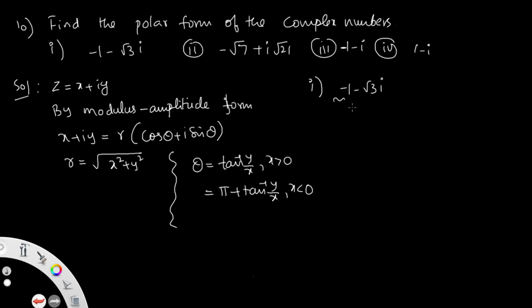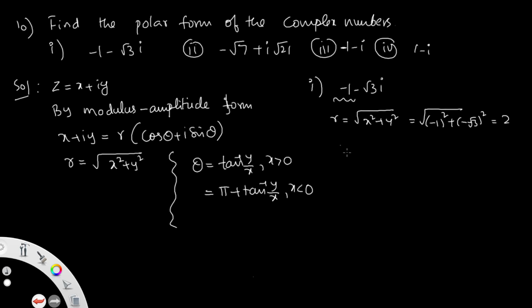Here x is negative, so theta equals pi plus tan inverse y by x. First we find r equal to root over x square plus y square, that is minus 1 whole square plus minus root 3 whole square, that is 1 plus 3, root 4, that is 2.